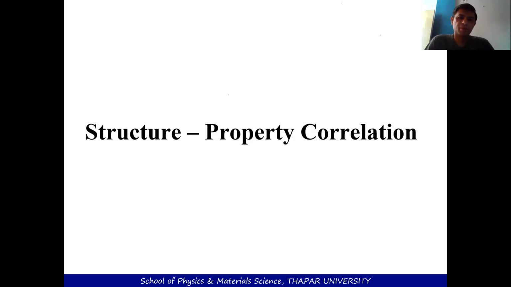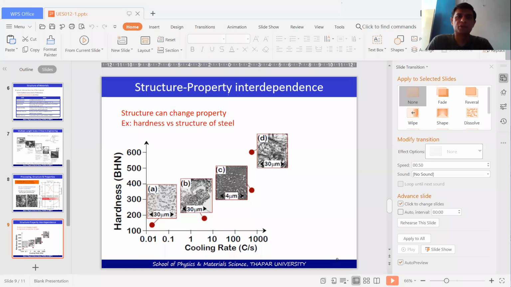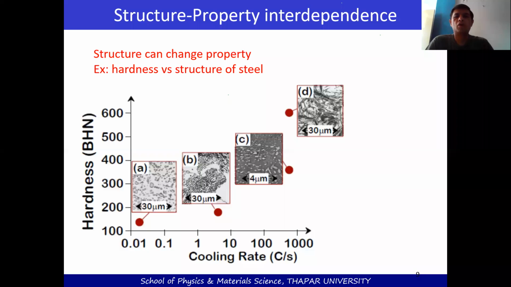Sir? Yes? So what is the relation between hardness and cooling temperature? If you see that graph, I'm just going to that graph quickly. You can see the graph here.